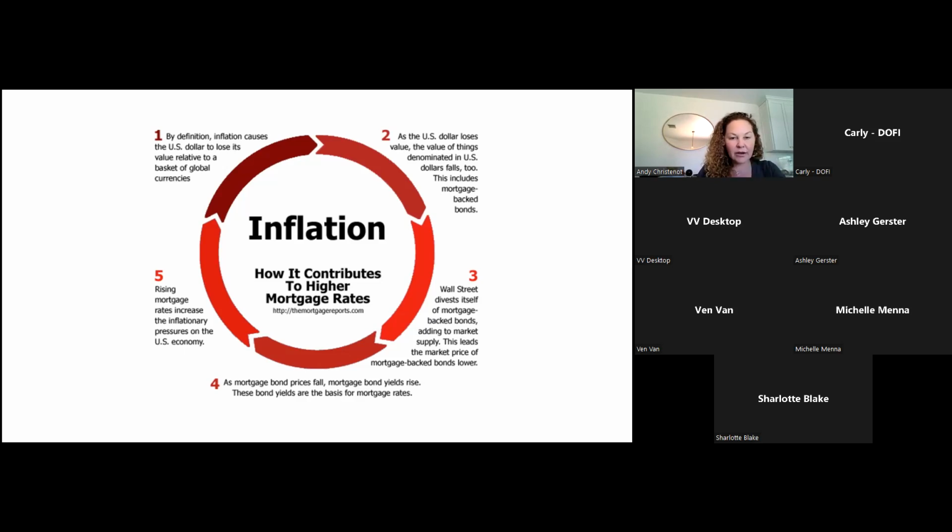Again, like I was talking about, as investors purchase more mortgage bonds, it drives interest rates down. As investors pull out of mortgage bonds and sell their investments, it then drives mortgage rates up. So the federal government, if they're buying trillions of dollars worth of mortgage-backed securities, and all of a sudden they are tapering off their purchasing, that also impacts the direction of interest rates.